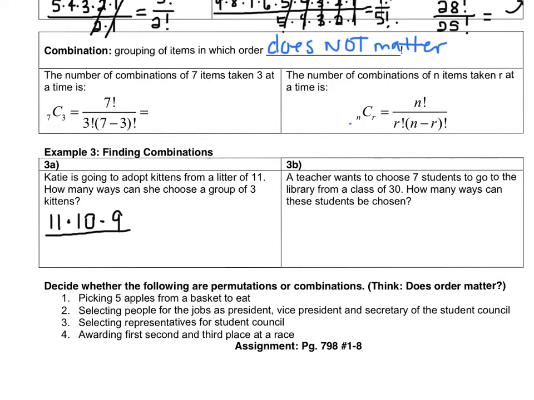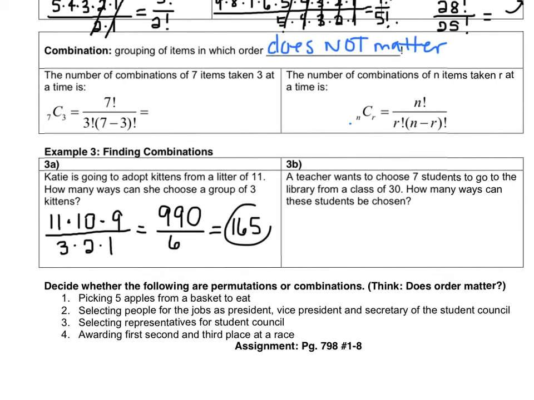So to get rid of it, we have to divide by the 3, the 2, and the 1, because it doesn't matter the order she makes those 3 selections. So that's what will give us the answer. If we figured that out, we would get 990 on top, and on bottom we would get 6, and when we figure that out, we get 165.